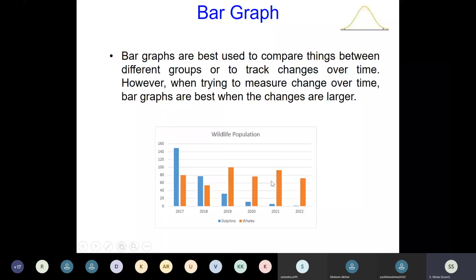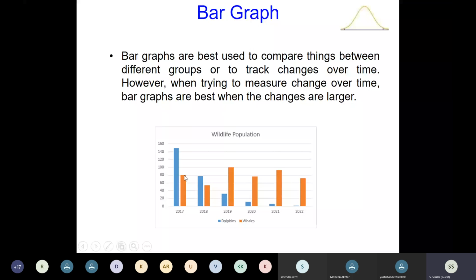Just like in this plot, they have shown the comparison of dolphins and whales and how their numbers are increasing or decreasing. Here you see dolphins in 2017, again it has dropped in 2018, 19, and it is slowly going towards zero. Whereas whales had gone down, but again increased.